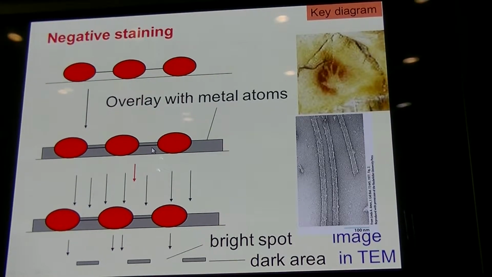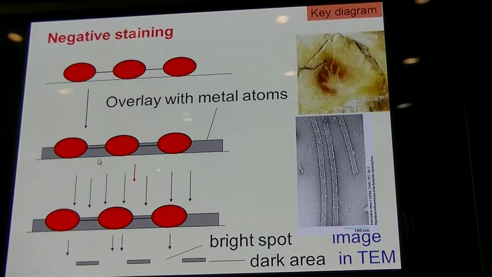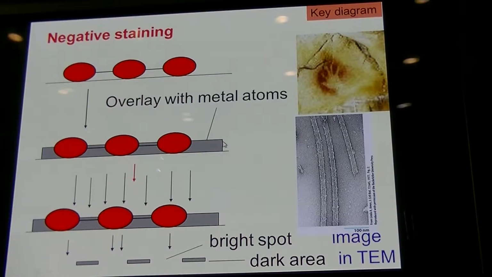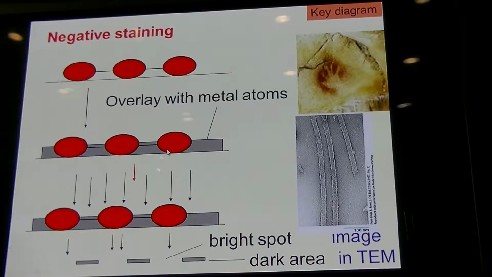And we just let the water evaporate, and so the salts stick to the grid below, to the carbon surface, but whenever there's organic material, the heavy metal salt cannot be deposited there, because that organic material is in the way.